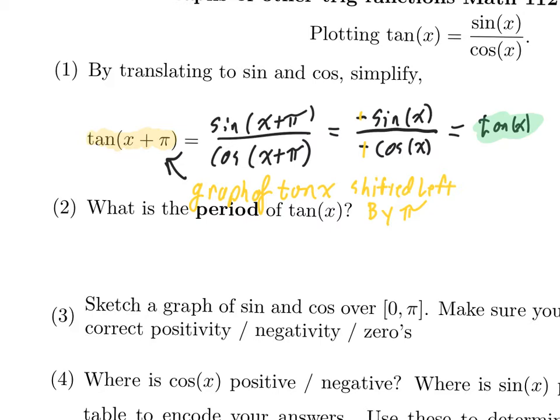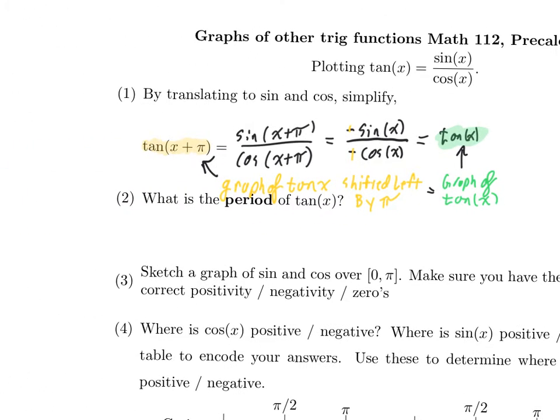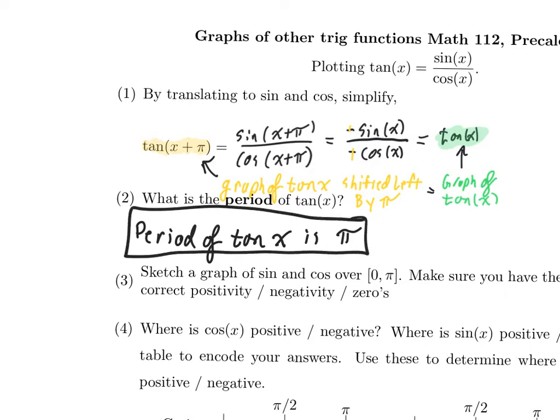So the graph of tangent of x shifted left by pi is apparently the exact same as the graph of tangent of x. So the function repeats every interval of length pi. The period of tangent x is pi. That's an important fact to remember.